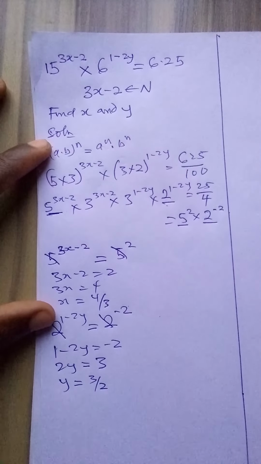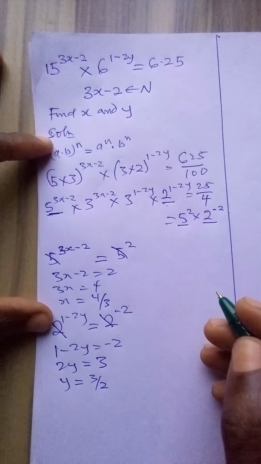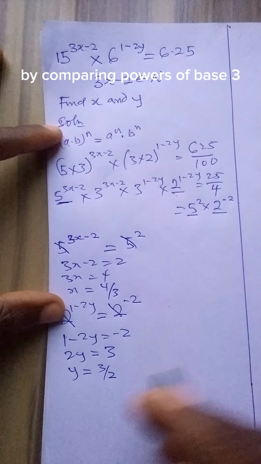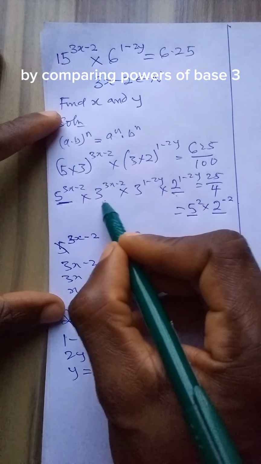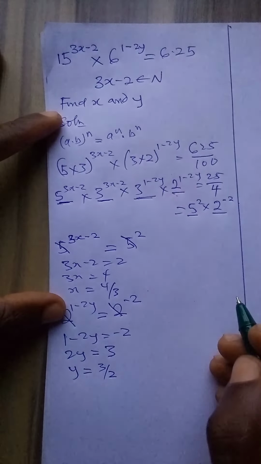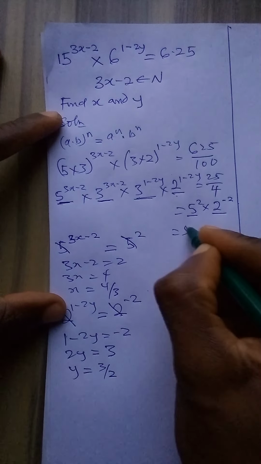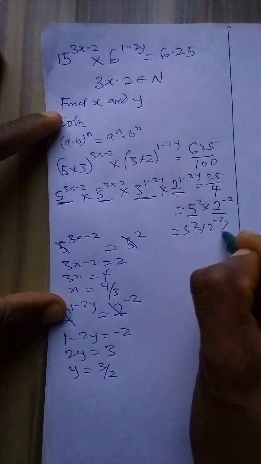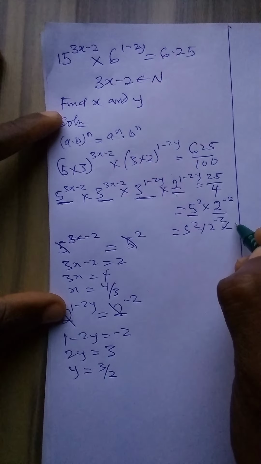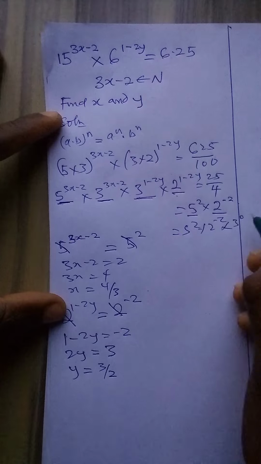Having found the values of y and x, we need to check for the consistency of the equation. We are now going to use the powers in base 3 to check the consistency. Let us remember that 5 to power 2 times 2 to power minus 2 can also be written as 5 to power 2 times 2 to power minus 2 multiplied by 3 to power 0.